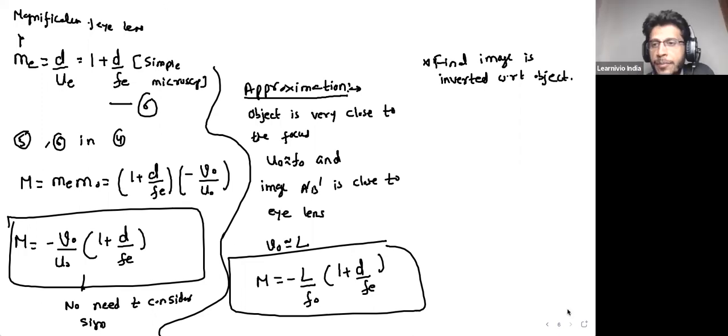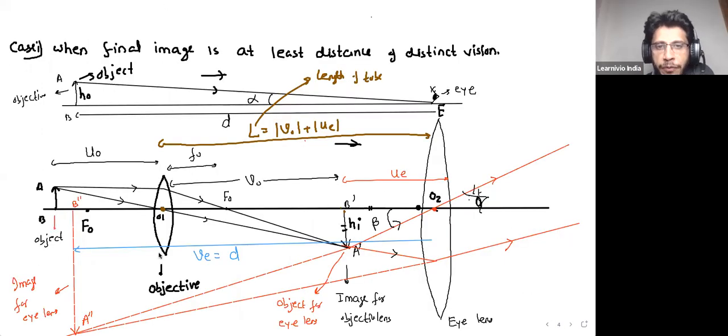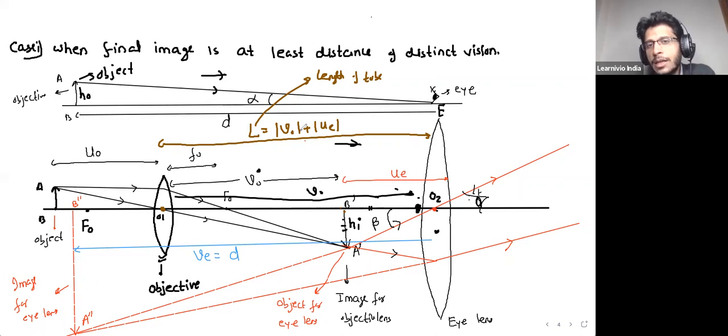Okay, you didn't get L. See, Jimena, L is just the distance between these two lenses. This is the objective lens and this is the eye lens. The distance between these two lenses is known as the length of the tube, L. This is your image A prime, B prime. If I take the approximation that this image is very close to the eye lens, then this V naught will be up to here, and this is the length of the tube only.